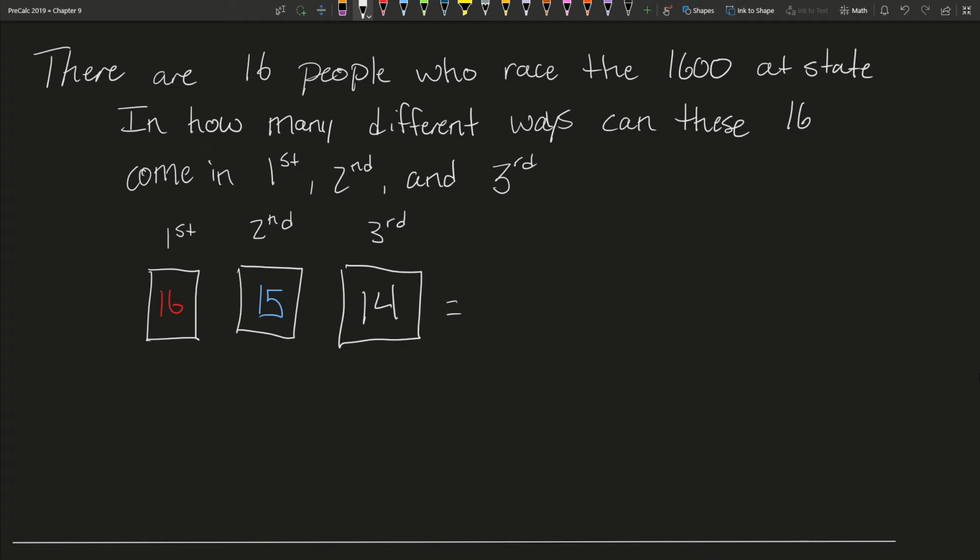So again, if we multiply those together, we get 16 times 15 times 14. There are 3,360 different ways that 16 people can come in first, second, and third. Questions about that?